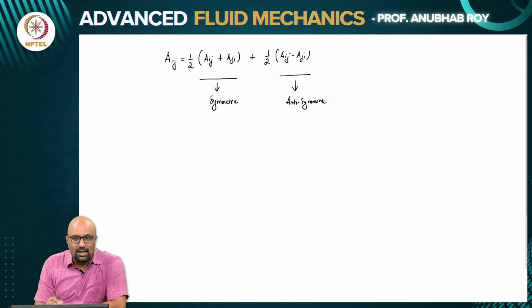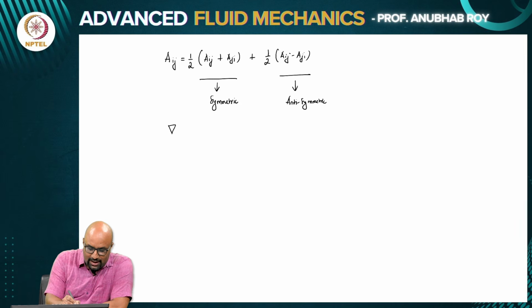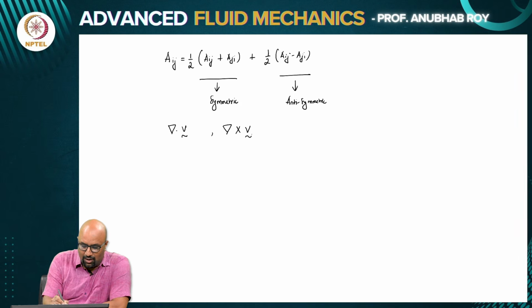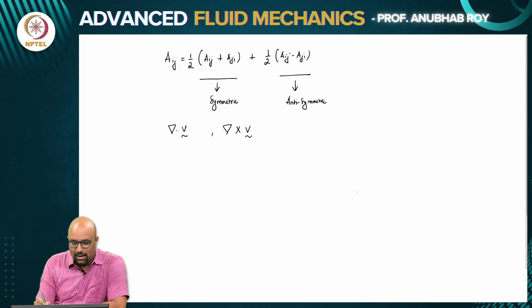Now this becomes quite handy when we do problems in fluid mechanics. We already saw quantities like the divergence of velocity and the curl of velocity, which we have explicitly written down.